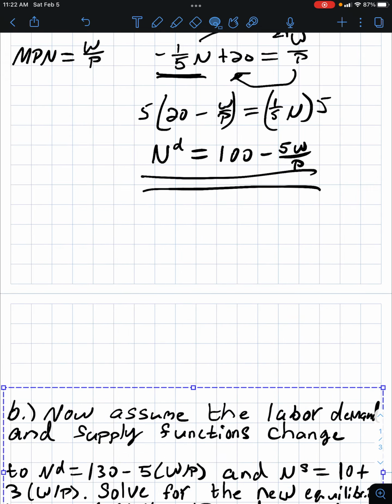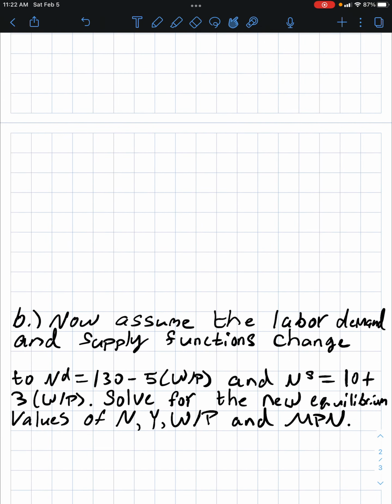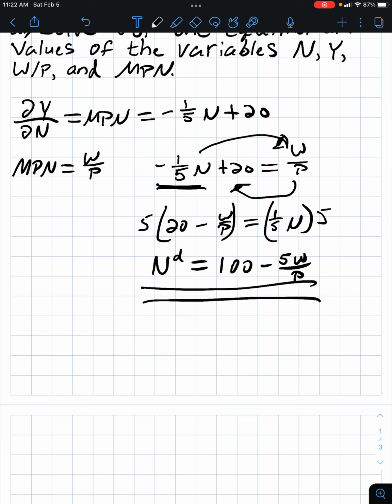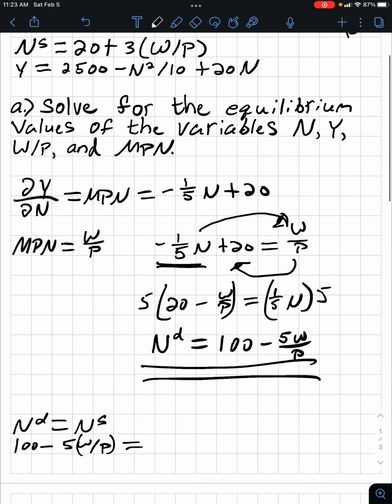Now that we found our demand function, we can solve for w over p, or real wage. And how do we do that? Well, we just set our demand function equal to our supply function, and this will give us our demand 100 minus 5w over p is going to be equal to our supply function, which was 20 plus 3w over p.